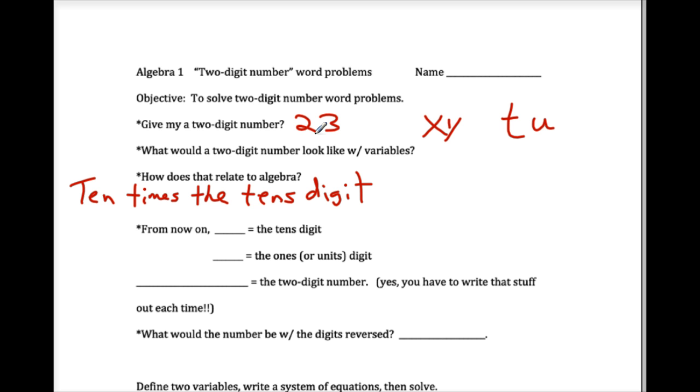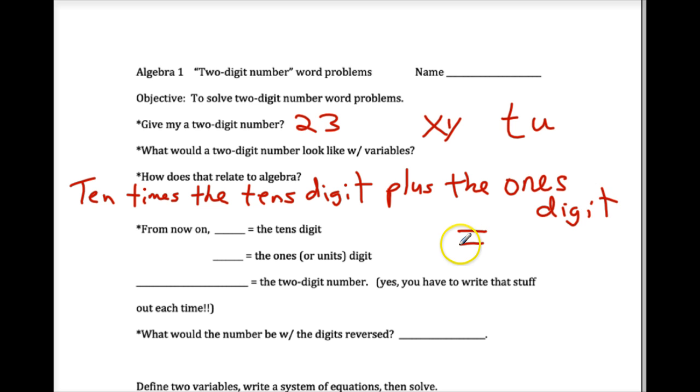What are we going to do with this sentence to make it end up being 23? What operation? Add U, plus the ones digit. And believe it or not, guys, that equals the number. 10 times the tens digit plus the units digit.